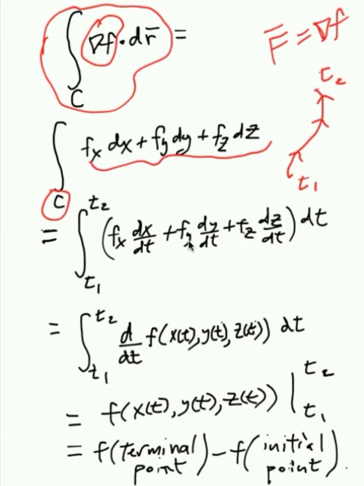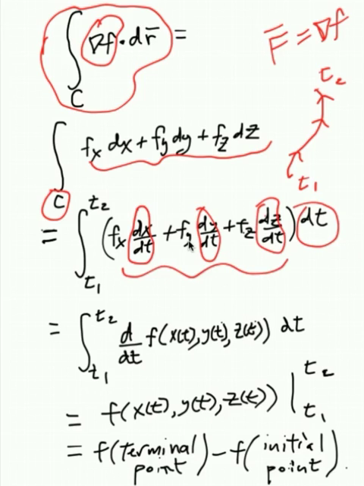Well, if this is a parameterized curve, then x is a function of t, y is a function of t, and z is a function of t. Then I can rewrite this integral as an integral in terms of t, where I factored out dt.